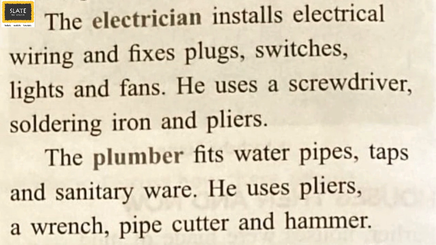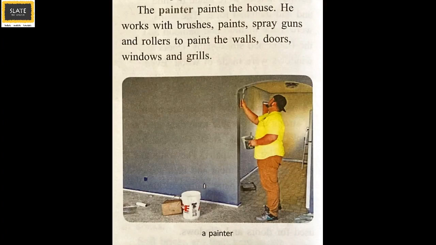The plumber fits water pipes, taps and sanitary ware. He uses pliers, a wrench, pipe cutter and hammer. The painter paints the house. He works with brushes, paints, spray guns and rollers to paint the walls, doors, windows and grills.